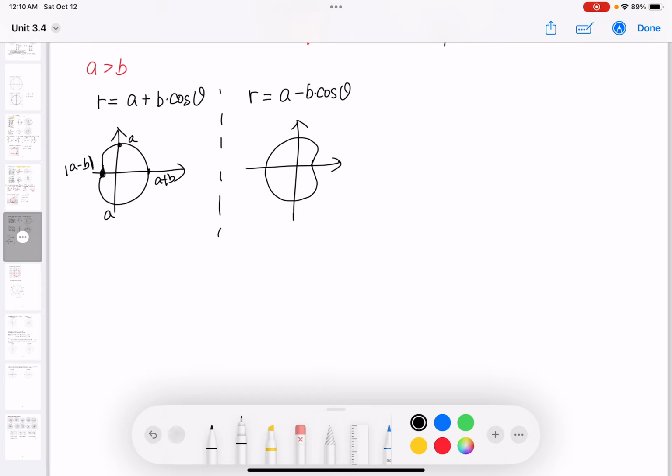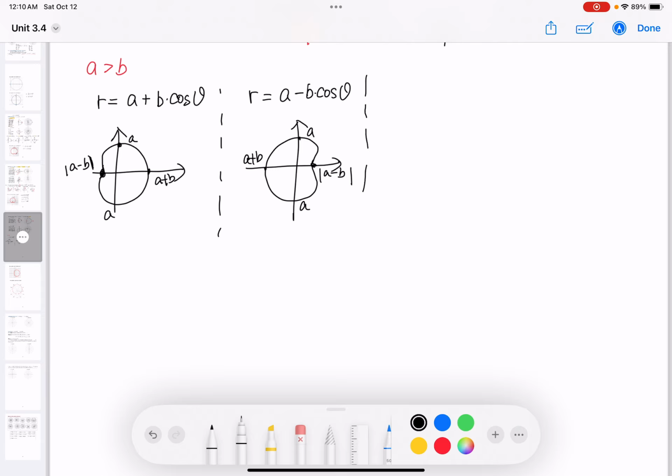I need to have my heart shape, this dimpled limaçon, lie on the x-axis because of the cosine theta, and it is negative. So the major part is on the negative x-axis. So the key points here are a, here is a, here is a minus b, or put the absolute value. Here is a plus b.